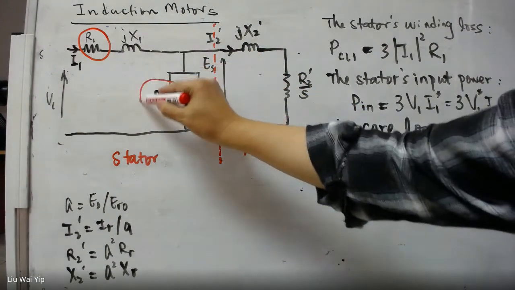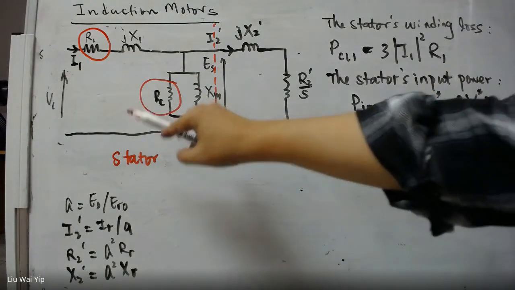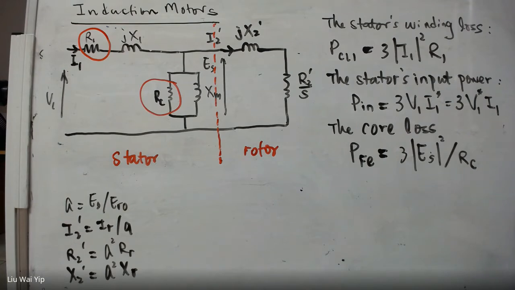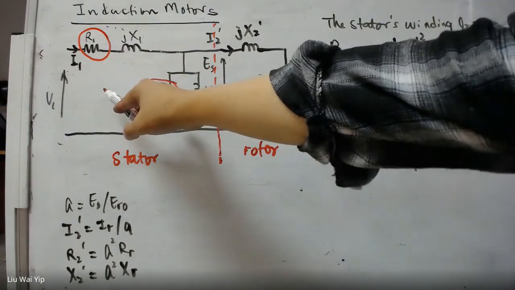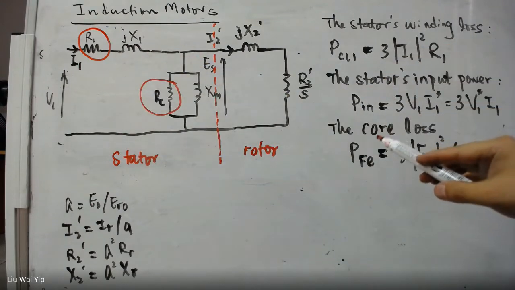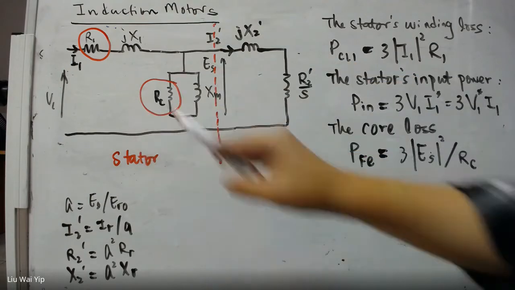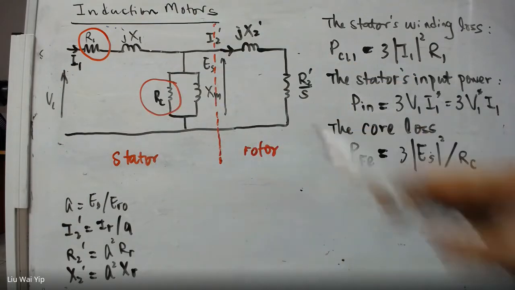So essentially, we have already taken care of all the losses in the stator. And the power input here includes everything: the power for the stator and the power for the rotor.